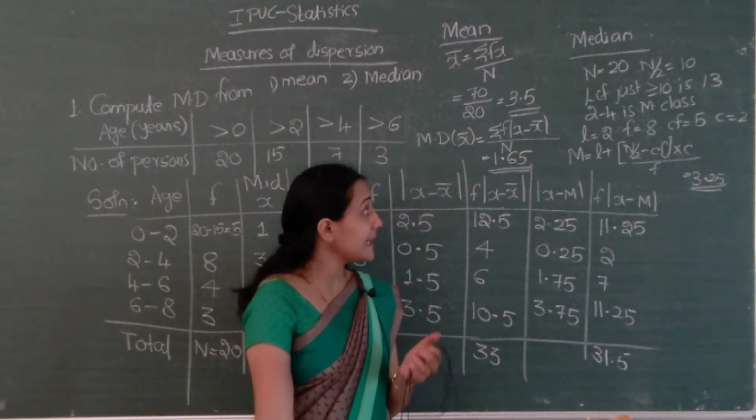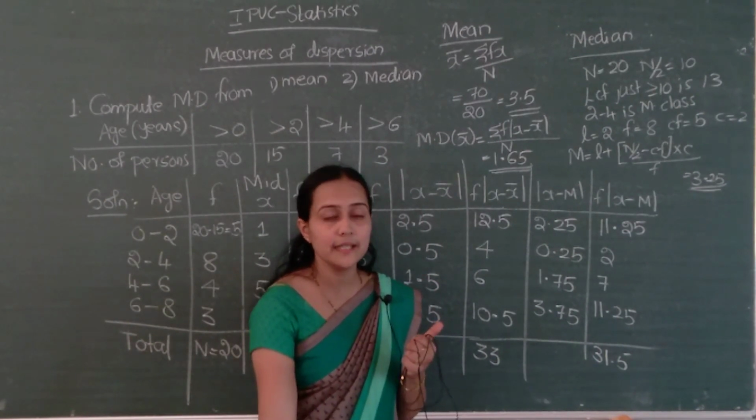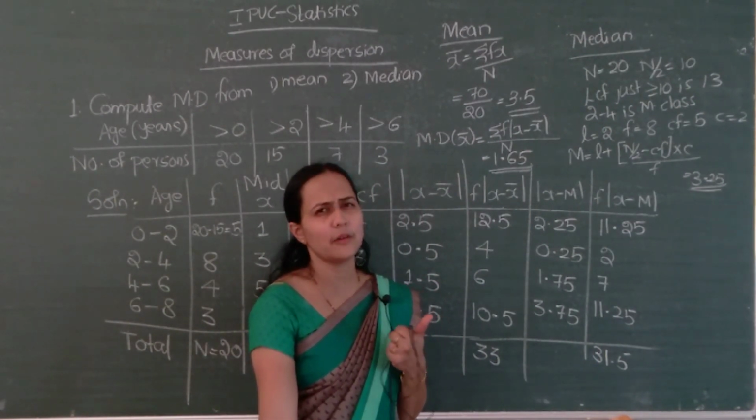This total is 31.5. Next, again apply the formula to find mean deviation from the median. What is the formula?